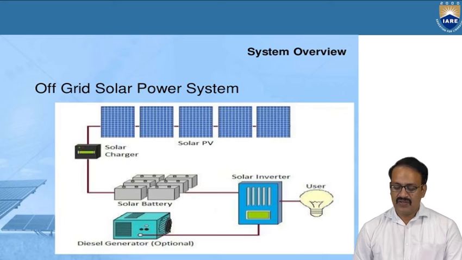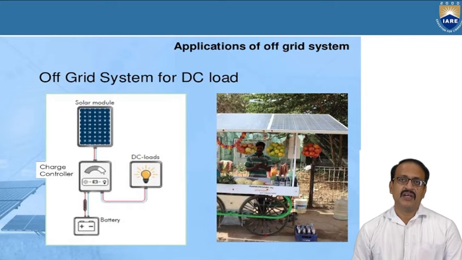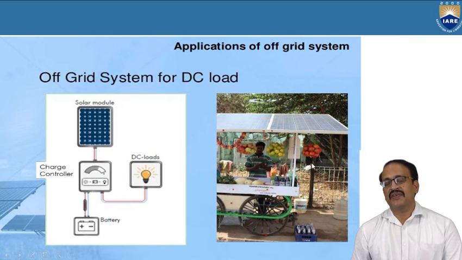they are stable. But if you go to mobile utilization, if you observe here, he is a juice seller, so he cannot stay at one place. He wants to run his juice machine with a PV cell.